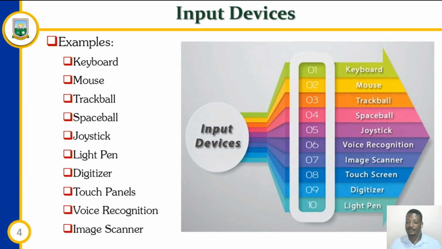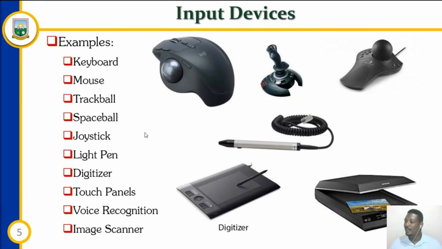This is how the trackball looks. It's also a pointing device that is very similar to the mouse, and it is mainly used in notebook or laptop computers. There are some laptop computers that have this trackball.